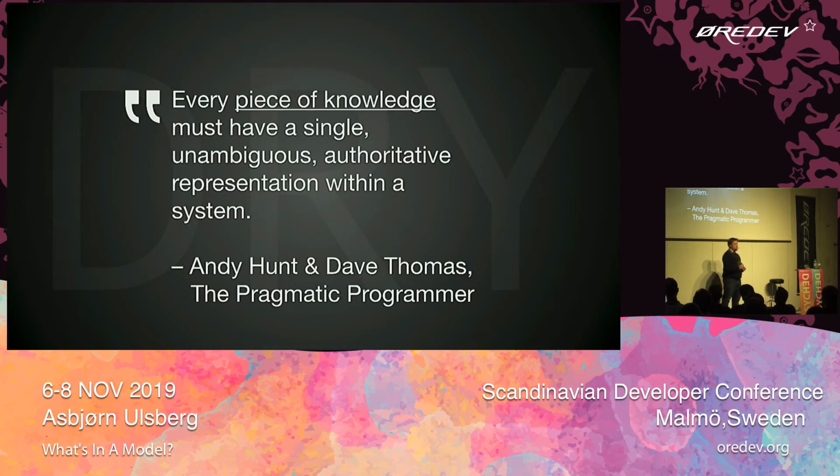And I underscore piece of knowledge here, because DRY is not about lines of code itself. Code is cheap and can be copied. Knowledge and business logic may be expensive, complicated, and ultimately what we earn money from. Therefore, it is this business logic that should be made DRY, not lines of code itself.